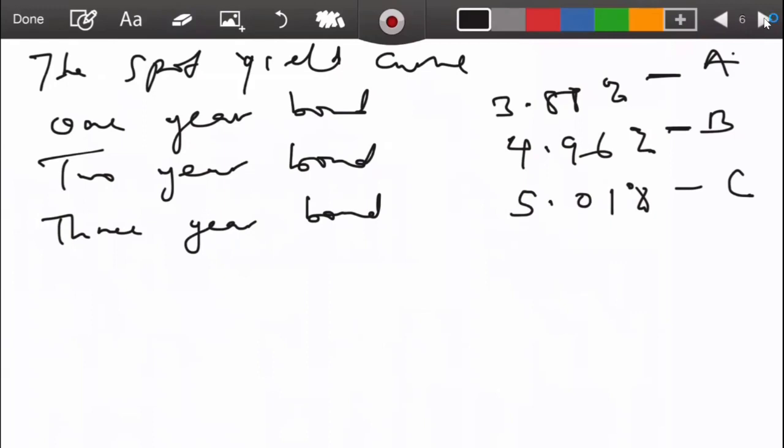If the risk for the 3 bonds is not the same, then you cannot use bond A to determine bond B, because the risk will be different, and the lender's required rate of return is based on the perceived risk.